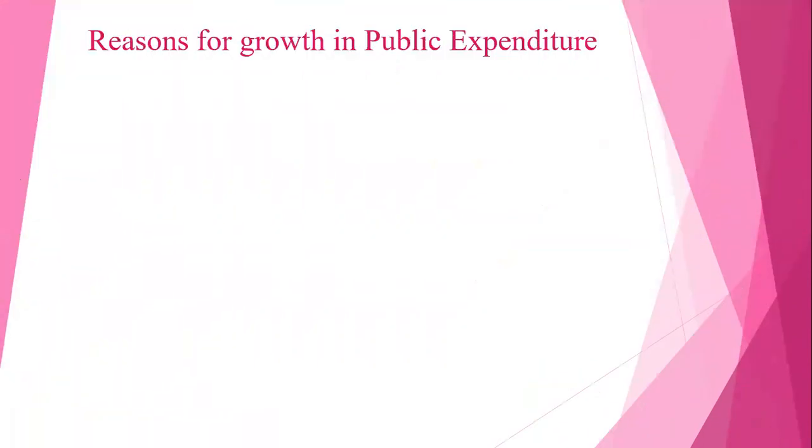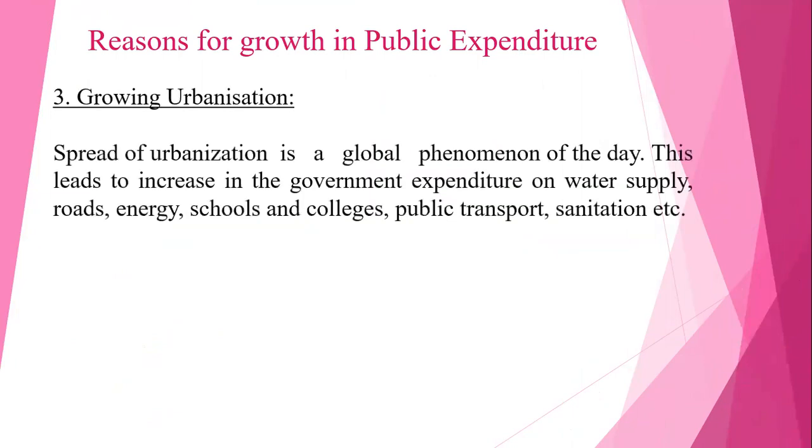Now, the third reason, growing urbanization. Spread of urbanization is a global phenomenon of the day. This leads to an increase in government expenditure on water supply, roads, energy, schools and colleges, public transport, sanitation, etc. An increasing shift of population to the urban areas has taken place.